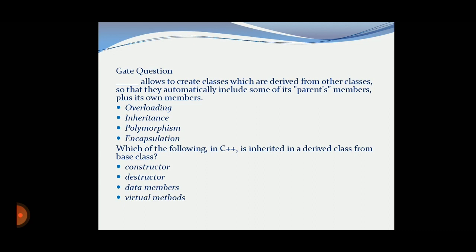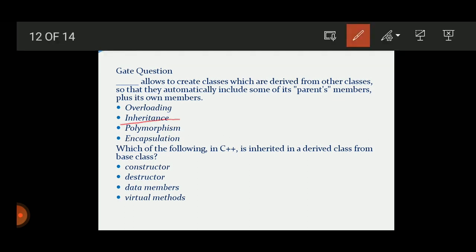See, the first one; these are sample questions. Blank allows us to create classes which are derived from other classes, so that they automatically include some of the parent's members plus their own members. So the child class includes the parent class members as well as the member functions. The answer is inheritance.